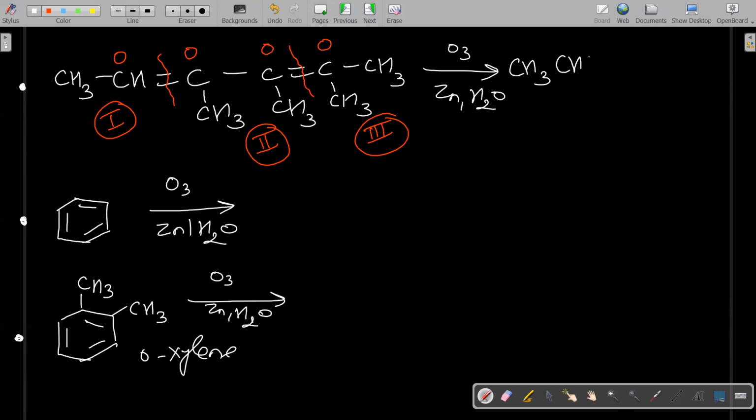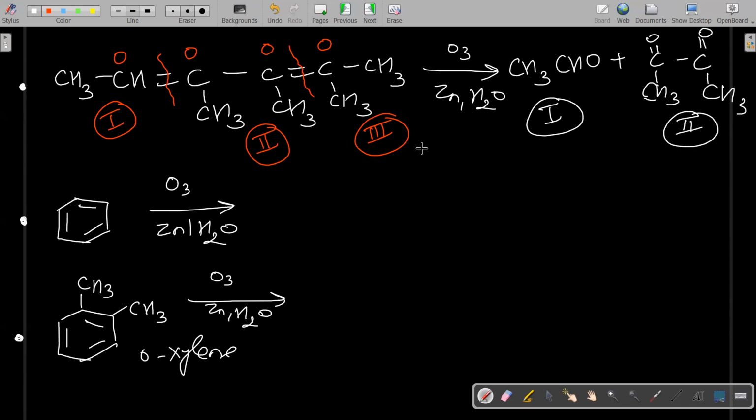So we can write the products. CH3CHO, this is the first product. What is the second product? CH3, C double bond O, CH3. This is the second product. And what is the third product? You can see CH3, C double bond O, C double bond O, CH3.